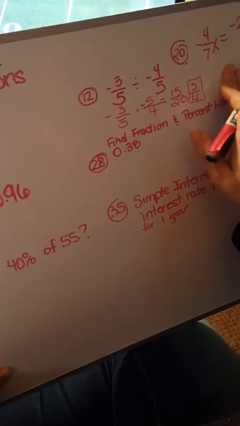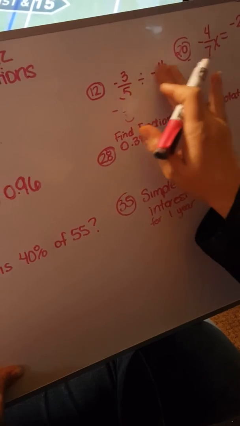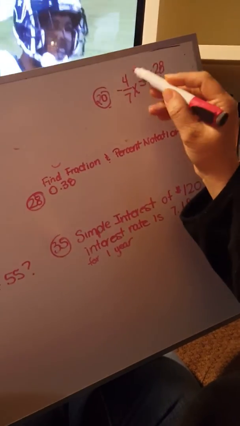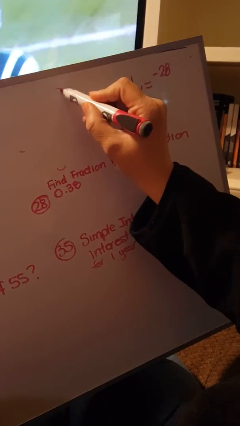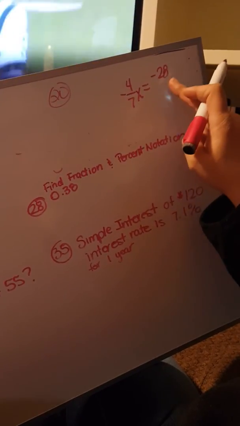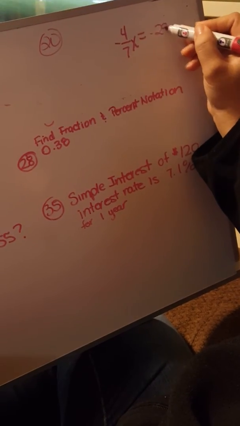I kind of wrote here all over, so I'm going to erase all that for now. Give me a little bit of space to do number 20. So number 20 is -4/7x equals -28, and it should have been like this.